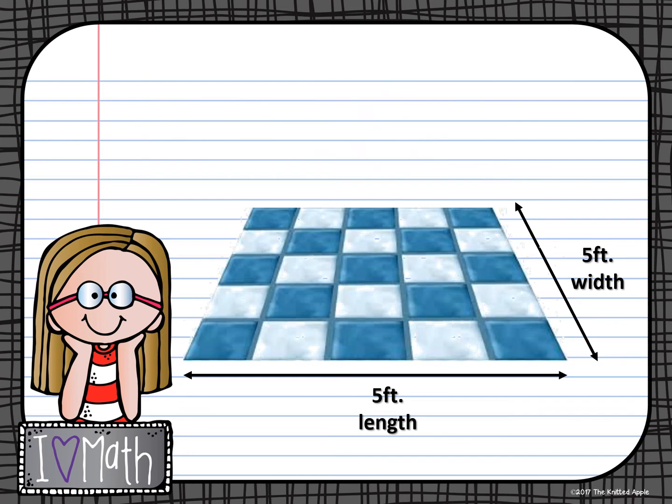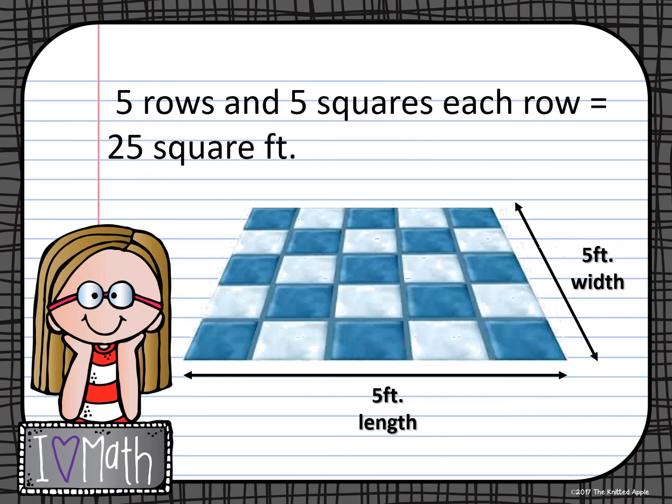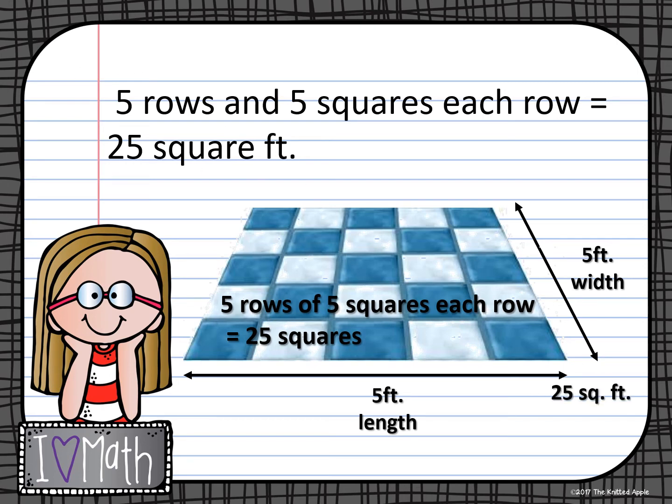So if we take what we know about multiplication, we have 5 rows and 5 squares in each row, and in this case that gives us 25 square feet. So our multiplication equation would be 5 times 5, so it would be 25 square feet.